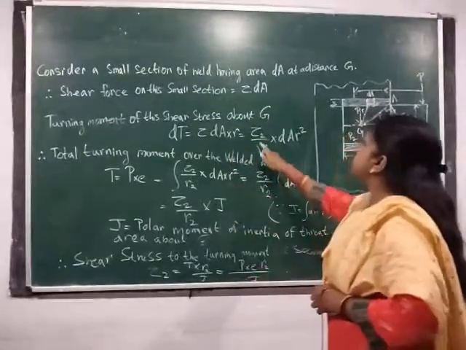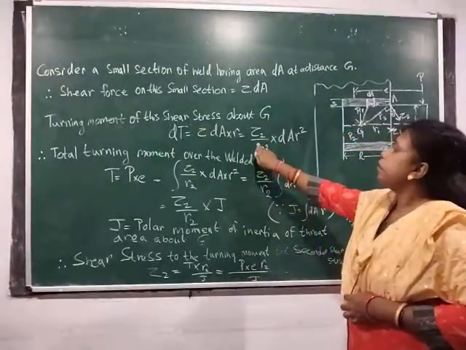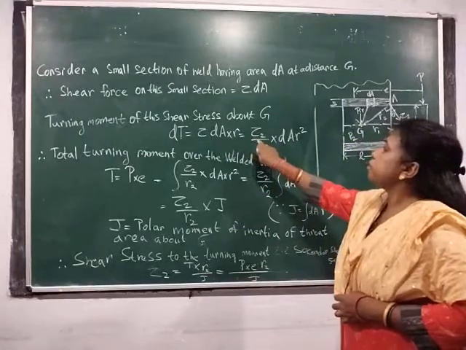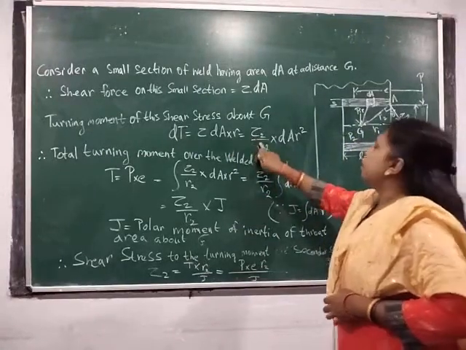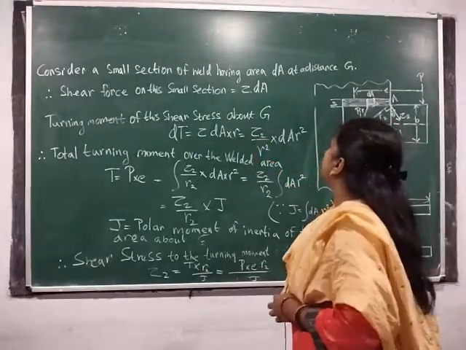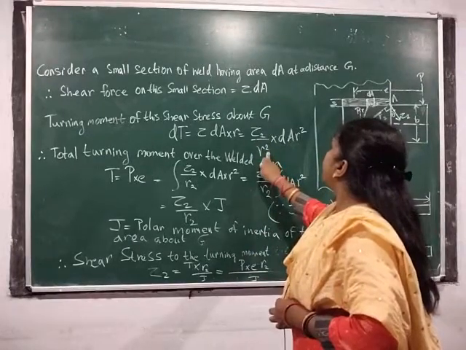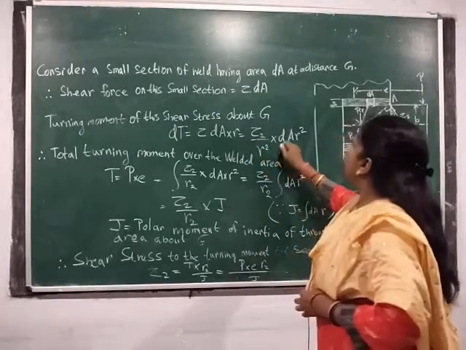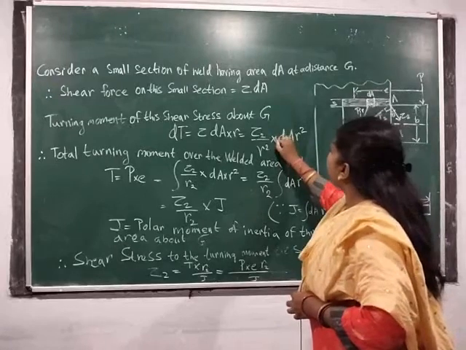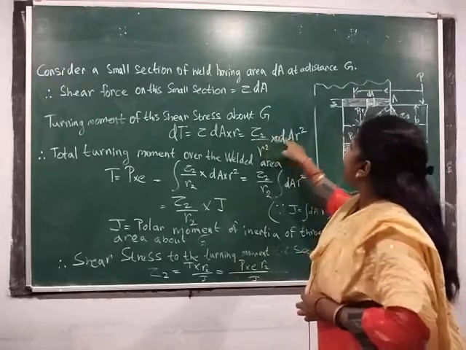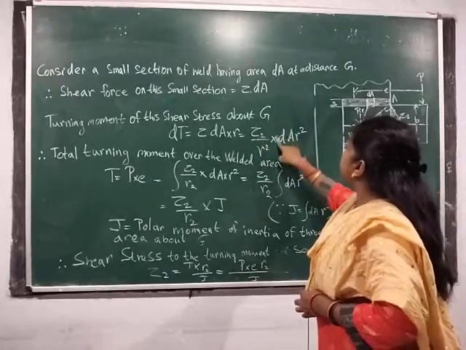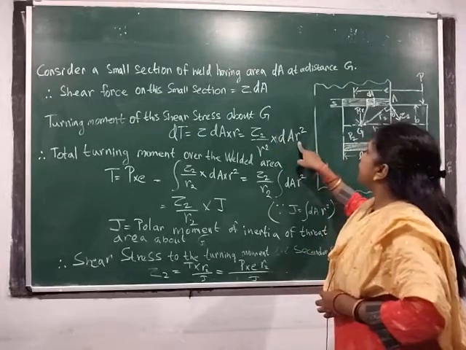Next, as you have seen earlier, in place of tau you can write tau 2 by R2 into R. So this R and this R get multiplied, and we get R square.